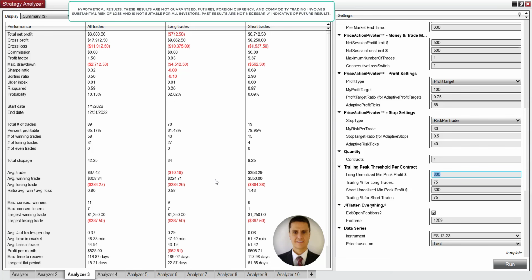So I'm being more conservative, meaning I'm taking less risk. Well, I should expect less reward. That's how it works in trading. If you take less risk, you should expect less reward. If you're taking more risk, you could have more reward. So it goes hand in hand.